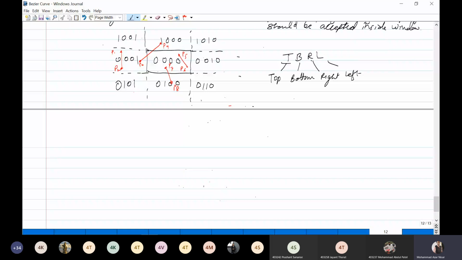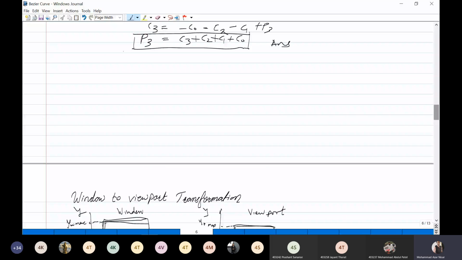Okay, so for this, first starting with the first line, that is P1 and P2.